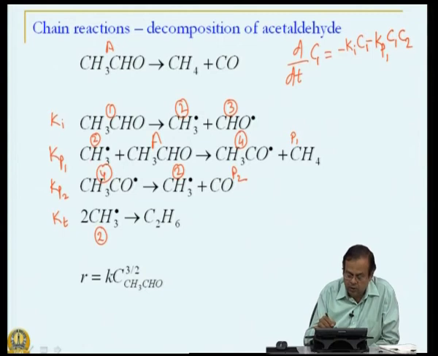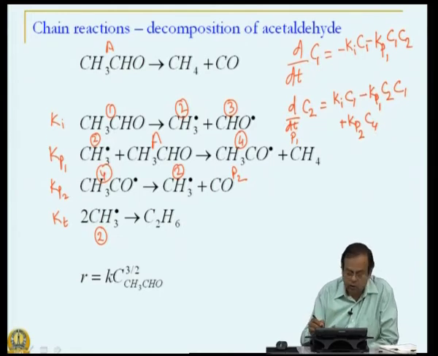Okay. Similarly, dC2/dt will be Ki into C1 coming from the first reaction, getting consumed in the second reaction, once again getting formed in the third reaction, and getting consumed in the fourth reaction.